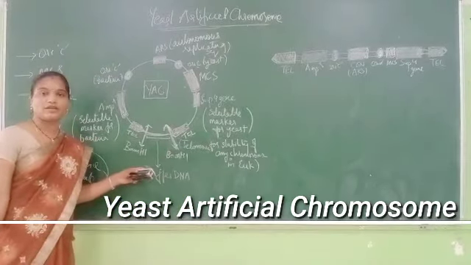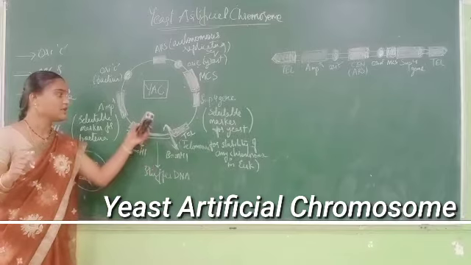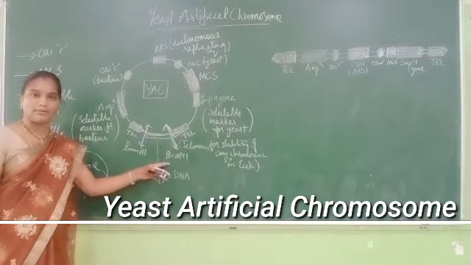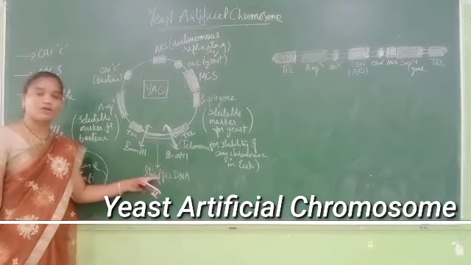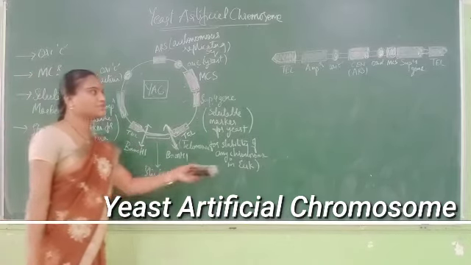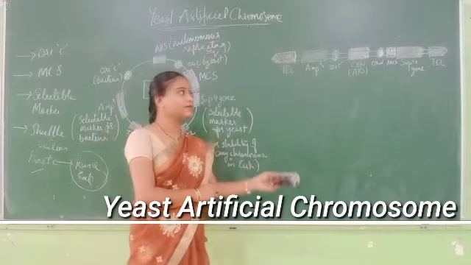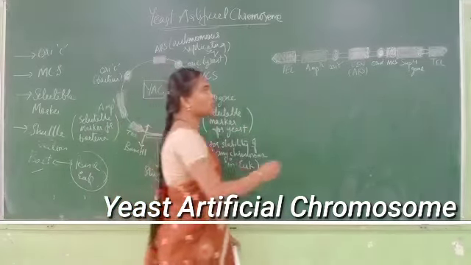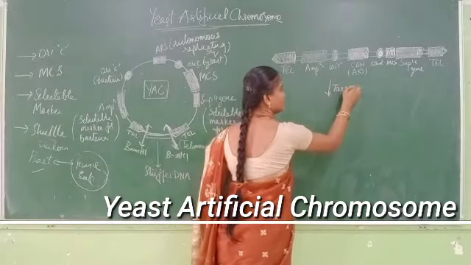So this circular YAC, when it is treated with BamH1, see, once again I am repeating, when it is treated with BamH1 enzyme, then it gets cleaved. So after removal of your stuffer DNA, this is your linear YAC. This linear YAC should be inserted with your target DNA.